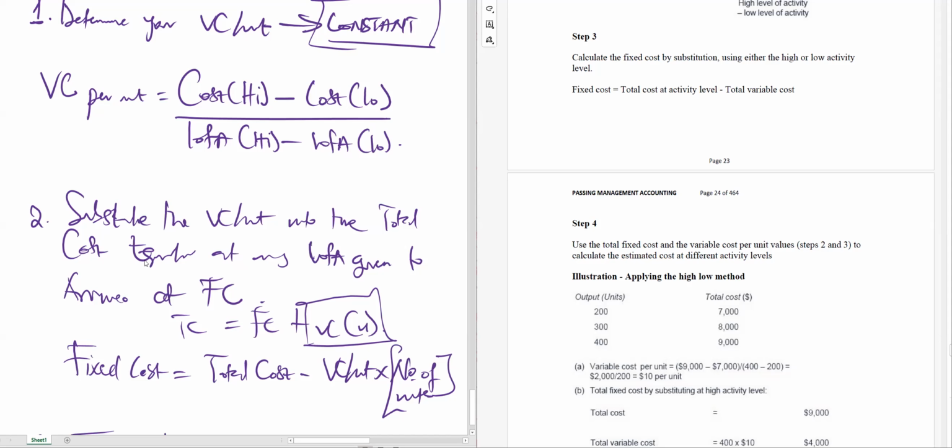We can't see it. Substitute the variable cost per unit into the total cost equation at any level of activity given to arrive at the fixed cost.